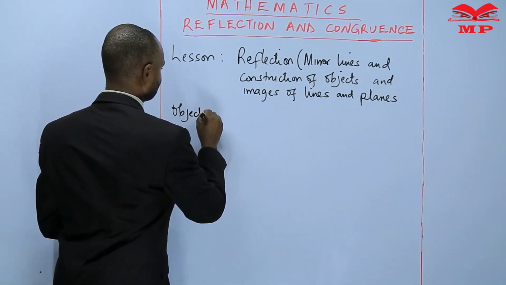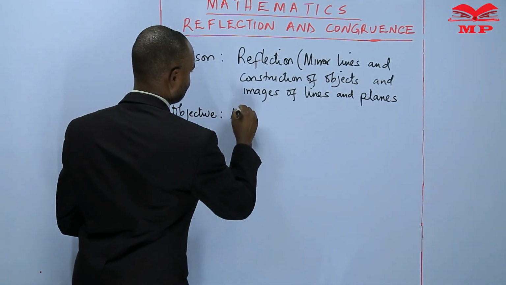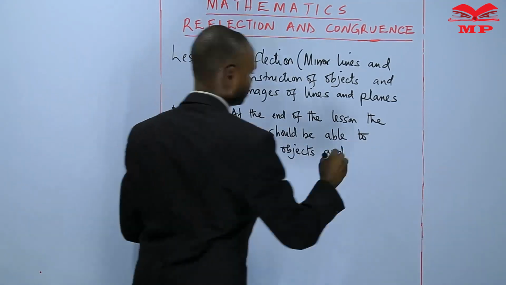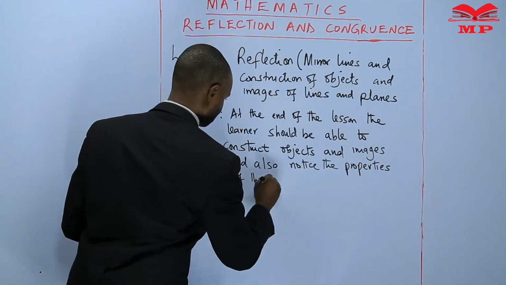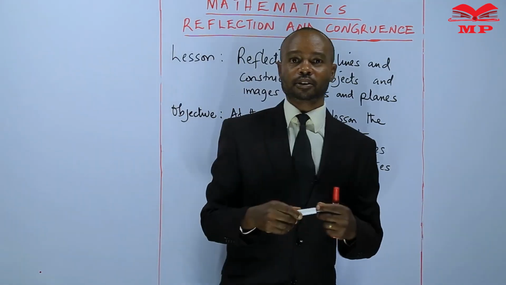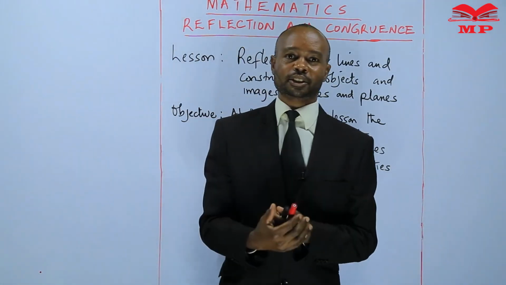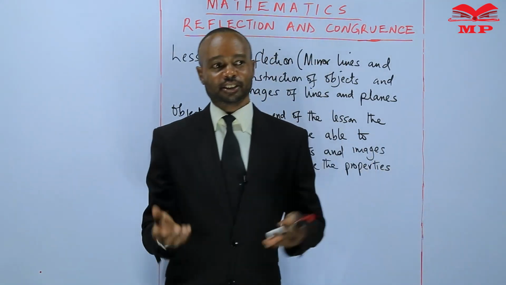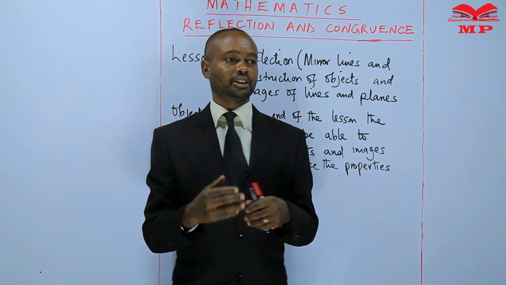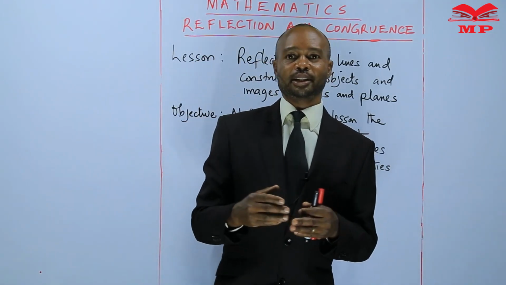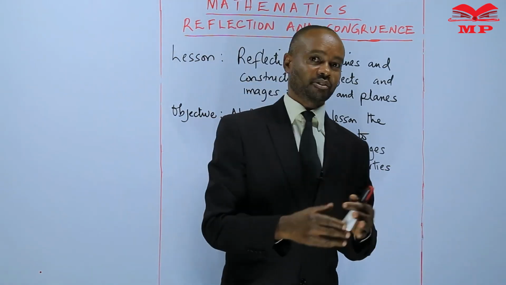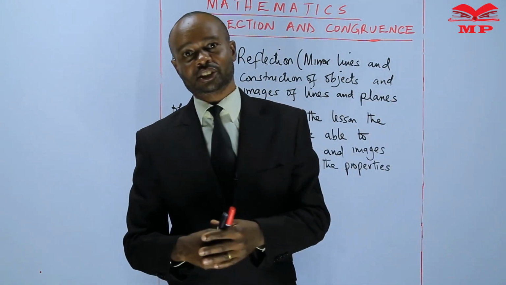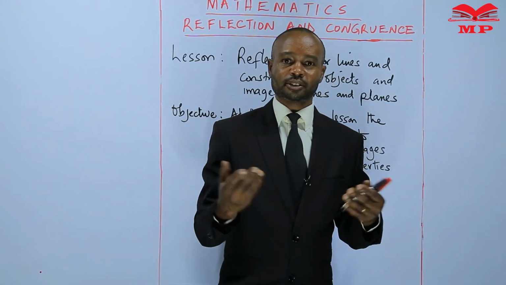So apart from constructing, you, the learner, are supposed to notice some of the properties. Some of the properties are even evident. For example, when an object is just on the mirror line, it will not change. Aspects like distance, you'll find they will not vary.